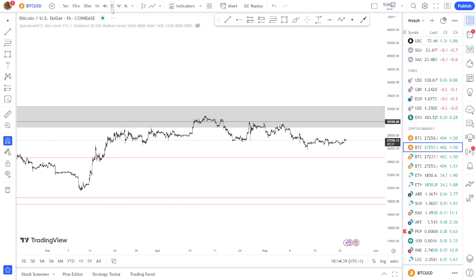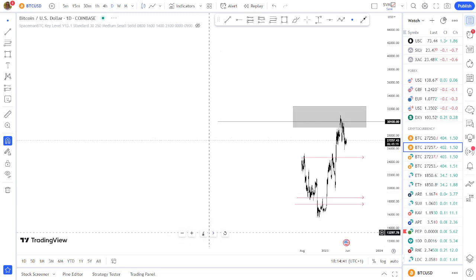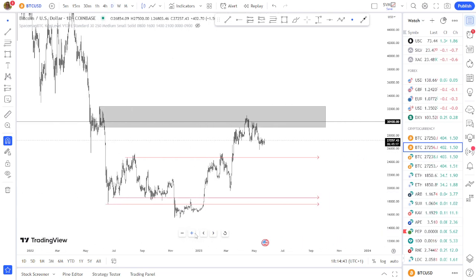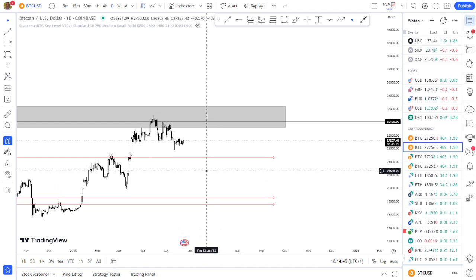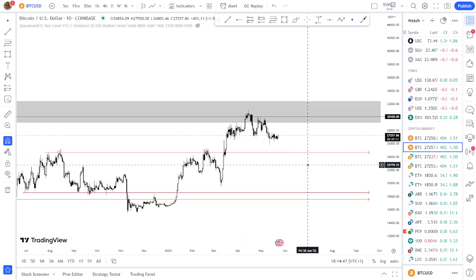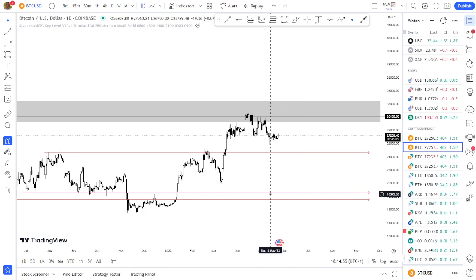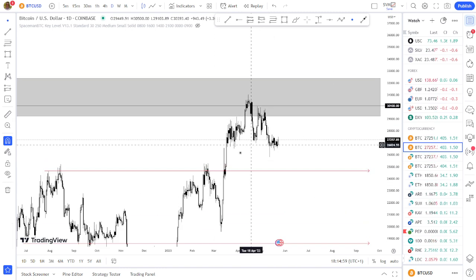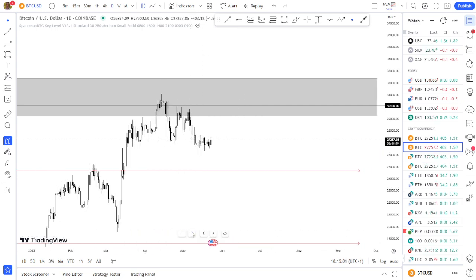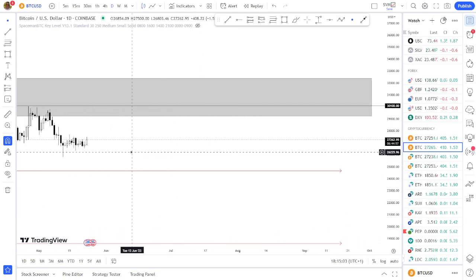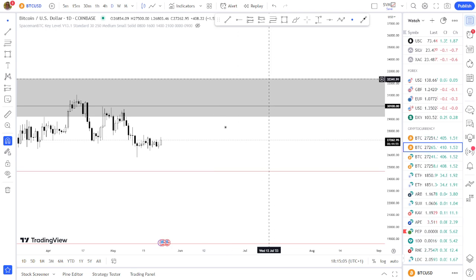So what I also observed was, if you go to the daily time frame, you'd see there's a couple of swing failure patterns on the daily time frame. Let me highlight that.